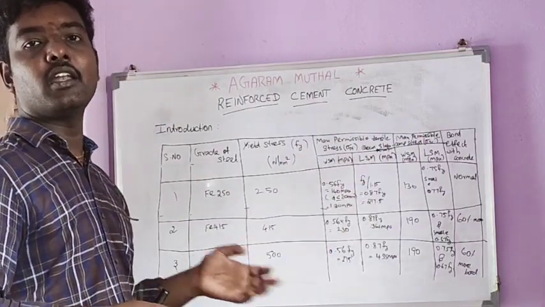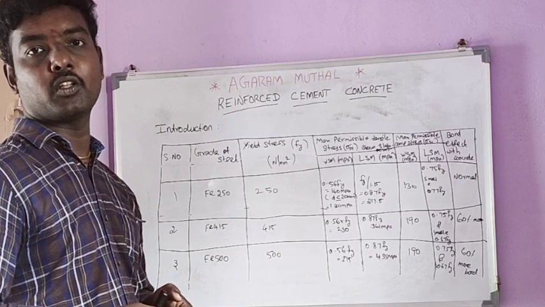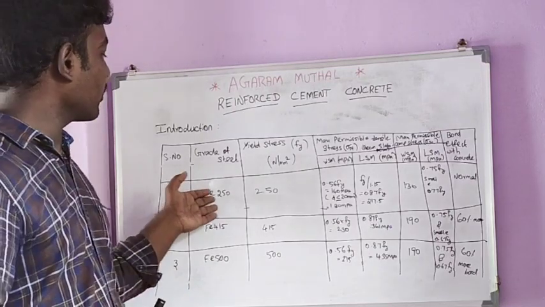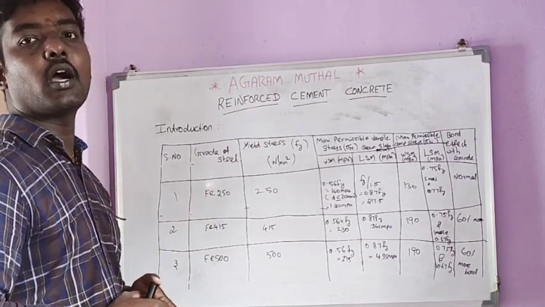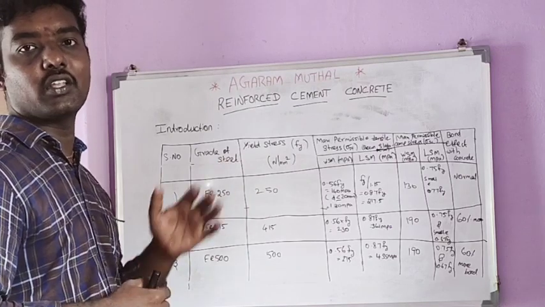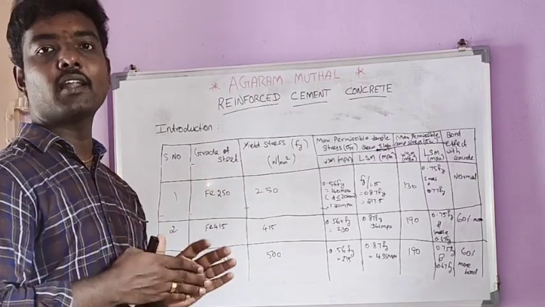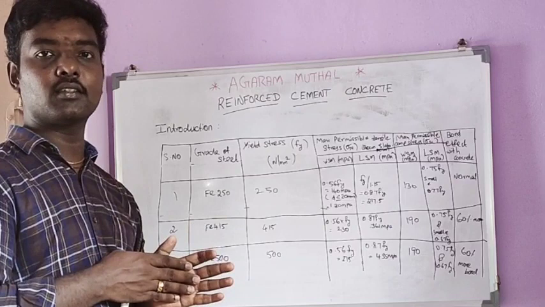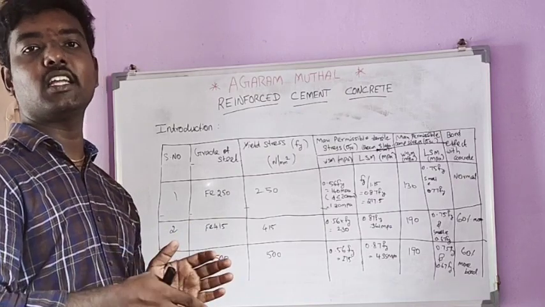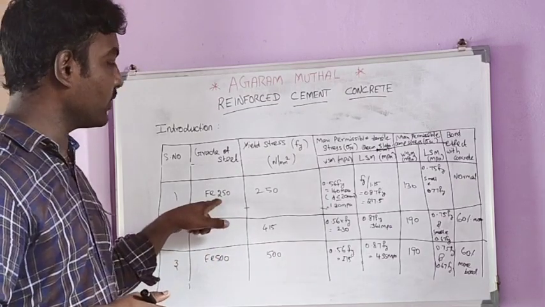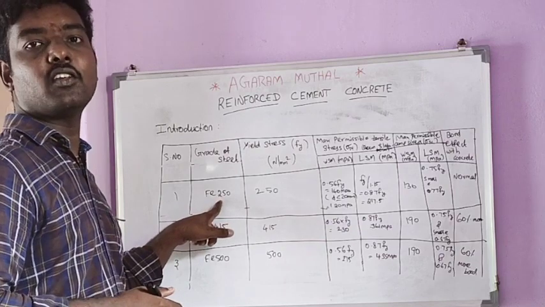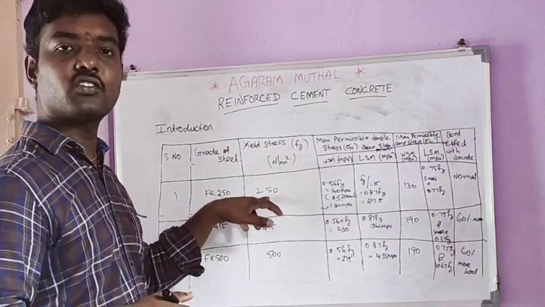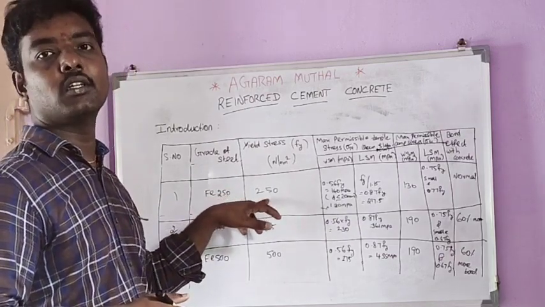First is Fe250. I already spoke about yield strength: the point where cracks or failures initiate is called yield strength. For Fe250, the 250 is the yield strength of the steel.